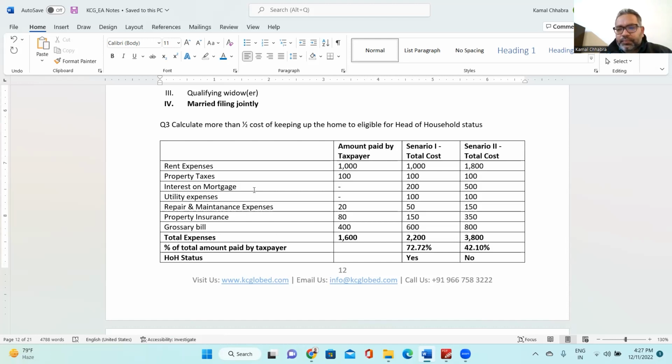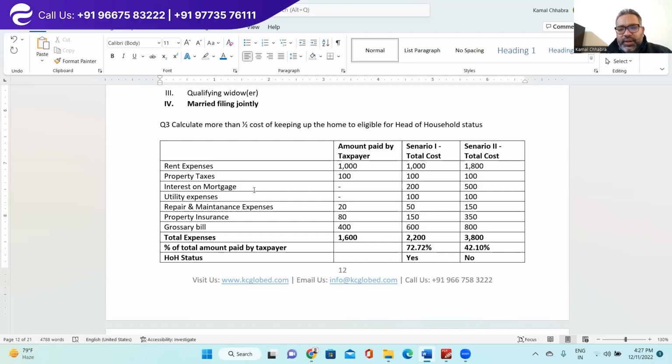Second is property tax, $100, and you have paid $100. Third is interest on mortgage: the expenditure is $200, but let's say your grandparents or parents are paying it and you are not. The next is utility expenses, like gas, electricity, water supplies.